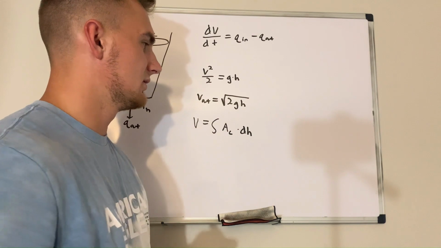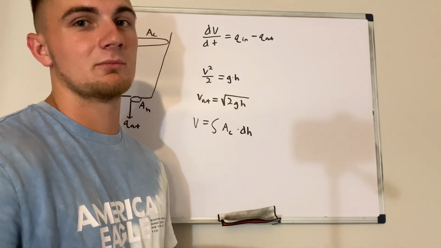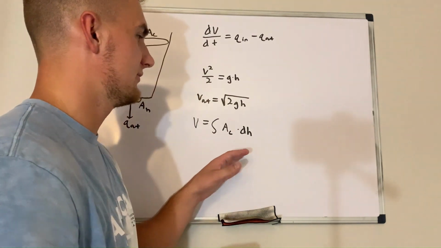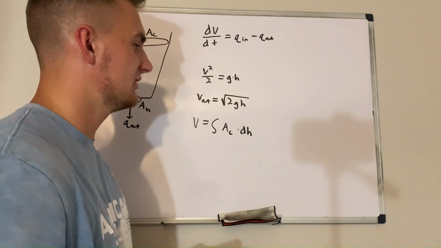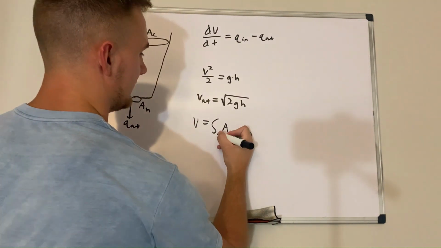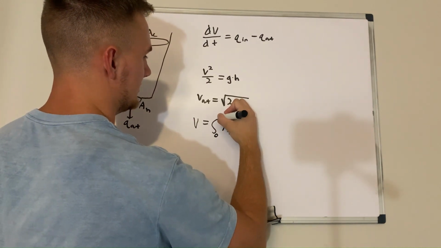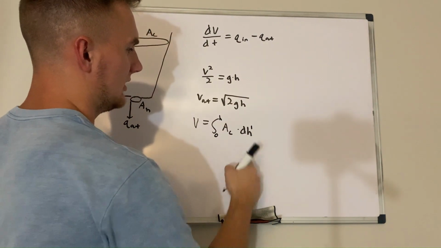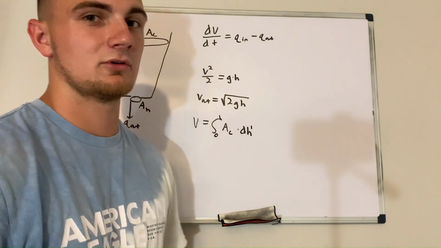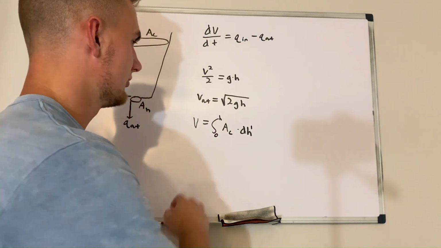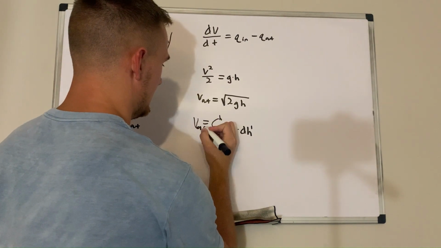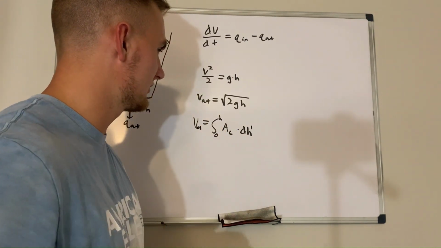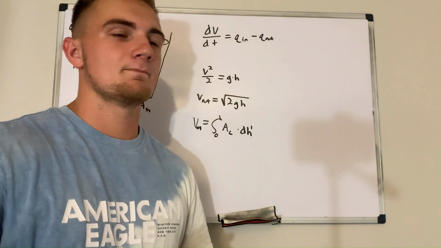However, when we simulate this in part two, we will have the flow rates changing, and therefore the height will be changing. So we'll integrate this from 0 to some height, and we can make this what I'll call a dummy variable of integration. So this is an expression for volume here. Let me put VOL to not get confused with velocity out.